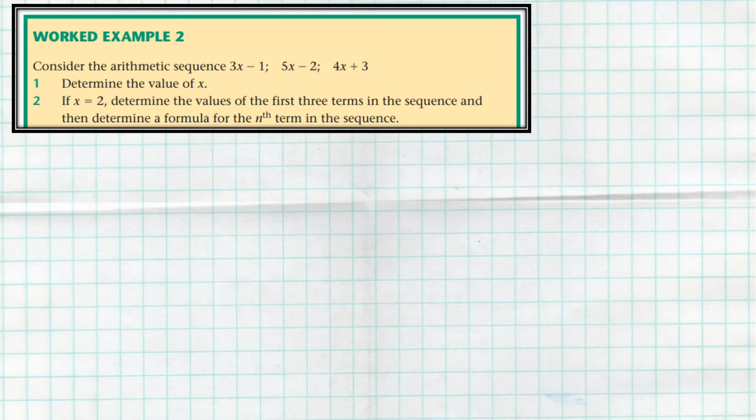great stuff. Let's now look at worked example number 2, and it's different from the first one, because in the first one you were given an arithmetic sequence in numbers. Sometimes they might give you an arithmetic sequence represented in unknowns, for example in terms of x, or any letter like k or p.